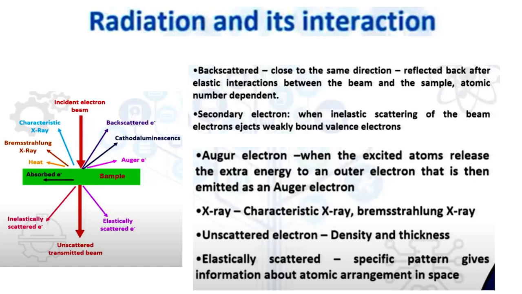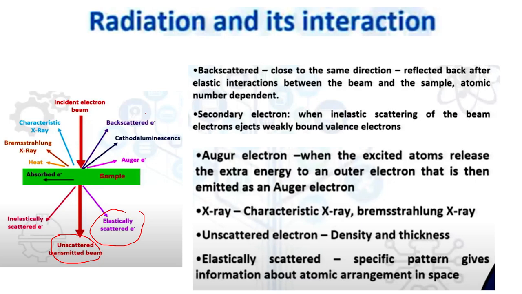These are different phenomena like backscattered electron, cathodoluminescence, Auger electron, elastically scattered electron, and also unscattered transmitted beam. Those actually depend on the atomic number and also the nature of the X-ray, whether it is hard X-ray or soft X-ray. So let's discuss one by one.